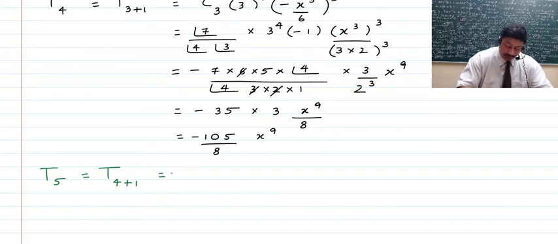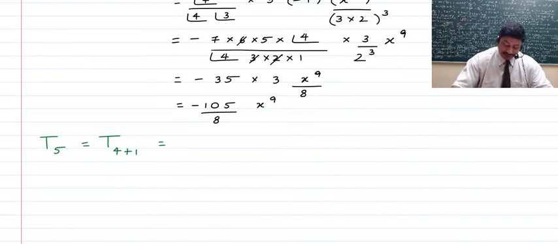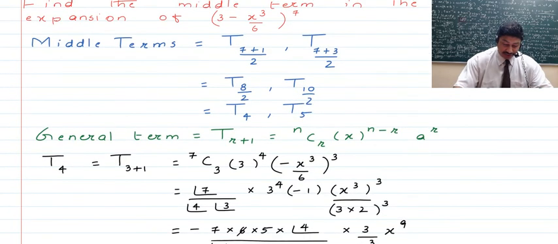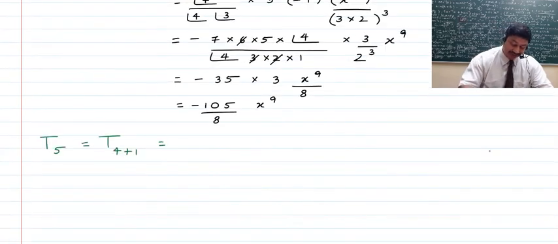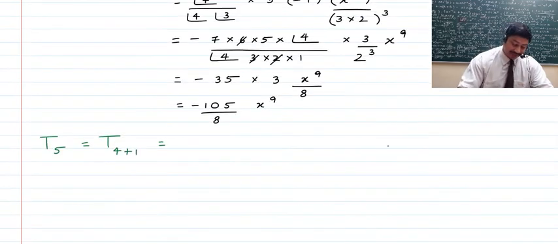Now when we talk about t4 plus 1, guys, then here in the expansion of this binomial which has been given to us, which is (3 minus x cubed upon 6) whole raised to the power 7. So now we can write this term as 7C4, right?